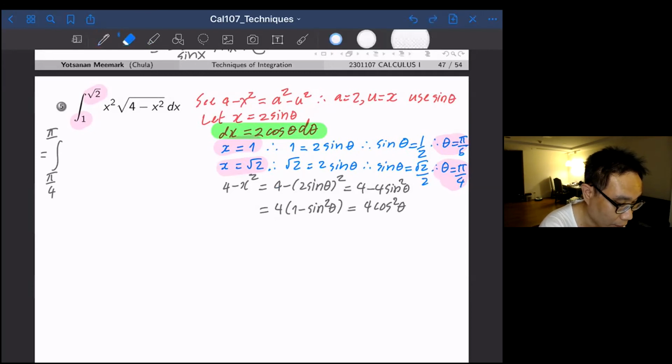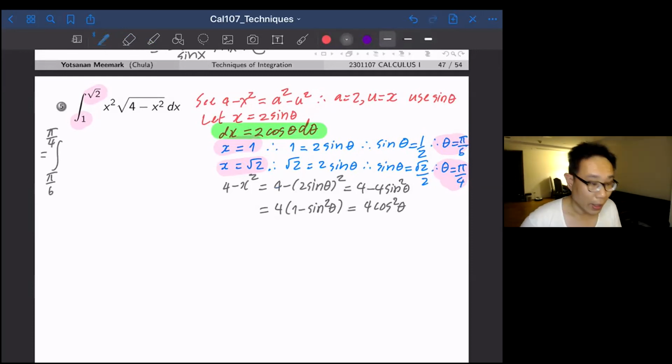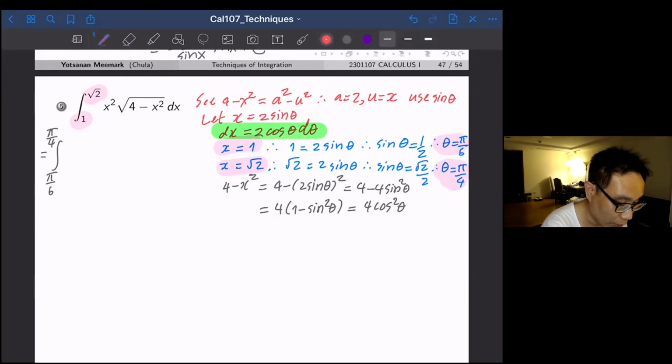So it's going to be the integral from pi over 6 to pi over 4. I switched it at first, so it's pi over 6 to pi over 4. And x squared turns out to be (2 sine theta) squared, and you have the square root of 4 cosine squared theta, and dx will be 2 cosine theta d theta.